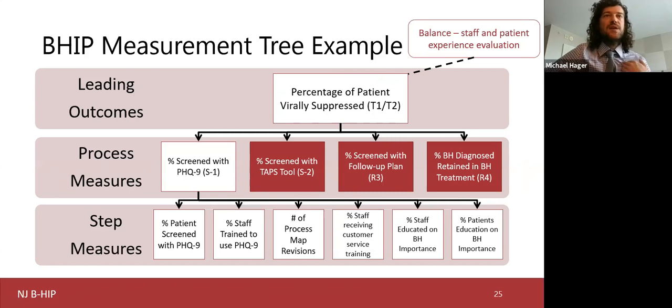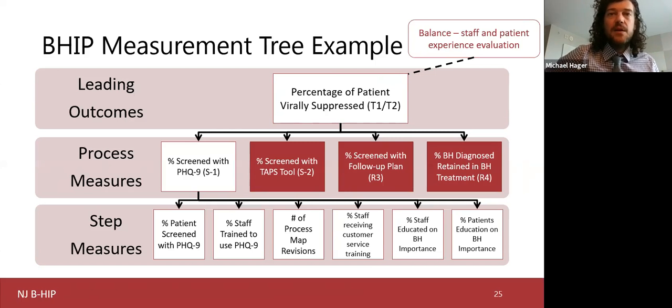These are things that occurred to me that are important for considering a screening program using a tool like PHQ-9. Are all the patients being screened with the same tool, or do you have renegade providers using another tool that they insist is better, and to hell with PHQ-9? Then, the number of staff that are trained to use a PHQ-9. You can think about this in concrete terms: what is the PHQ-9? You can also think about it in an enhanced way, like what Adam was mentioning: how do I ask the questions in a way that patients feel comfortable answering me in a way that's clinically useful?